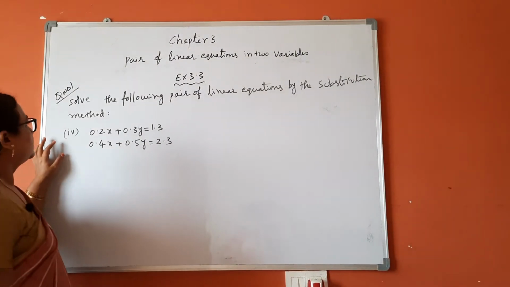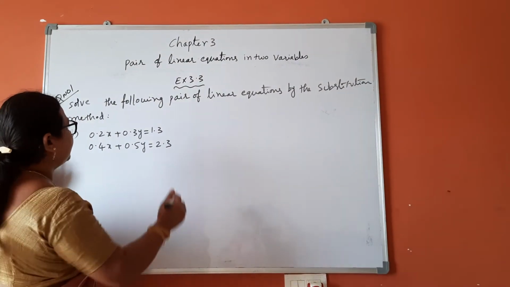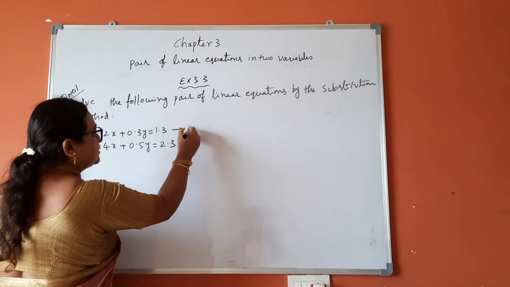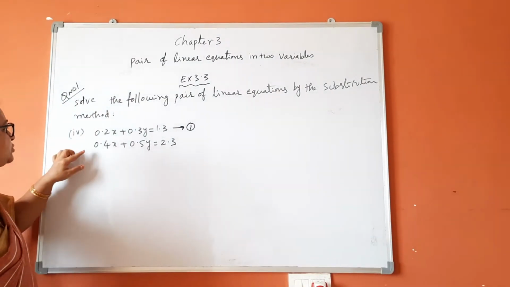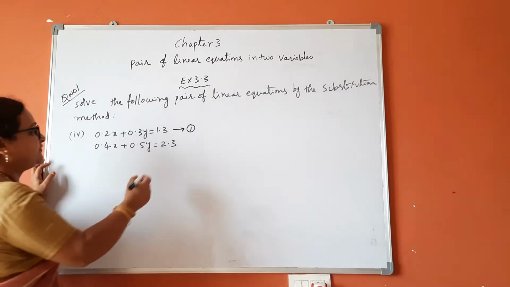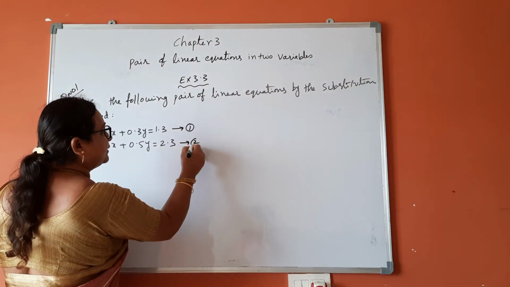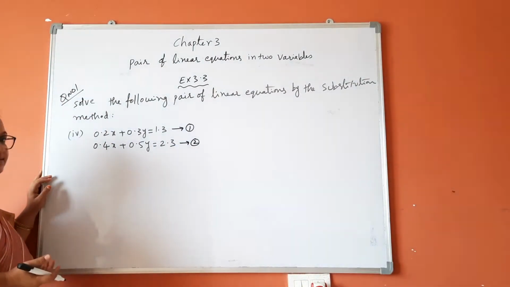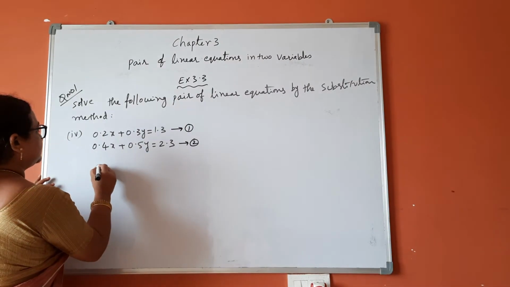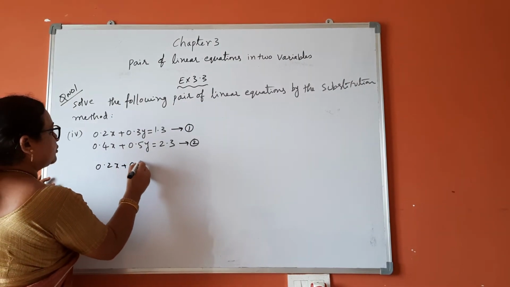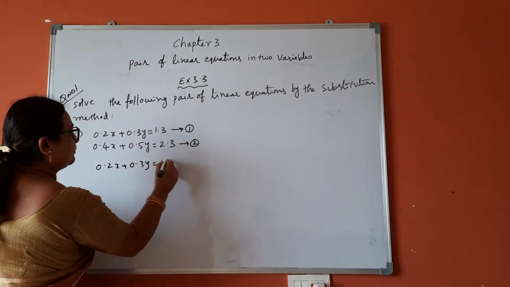Fourth one, 0.2x plus 0.3y is equal to 1.3. This is our first linear equation in two variables. And second linear equation is 0.4x plus 0.5y is equal to 2.3. So we are using substitution method. From first equation, 0.2x plus 0.3y is equal to 1.3.